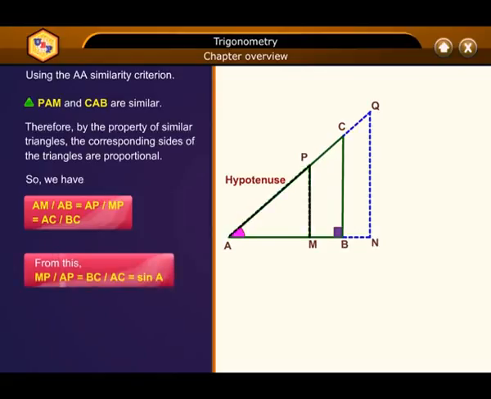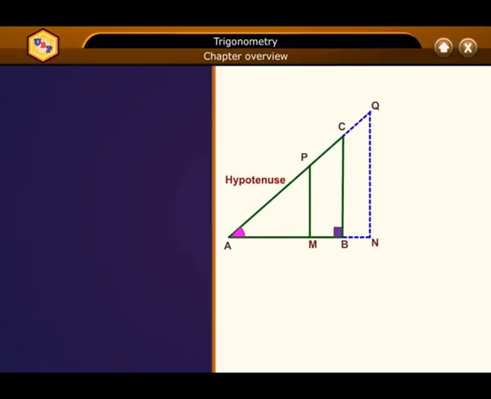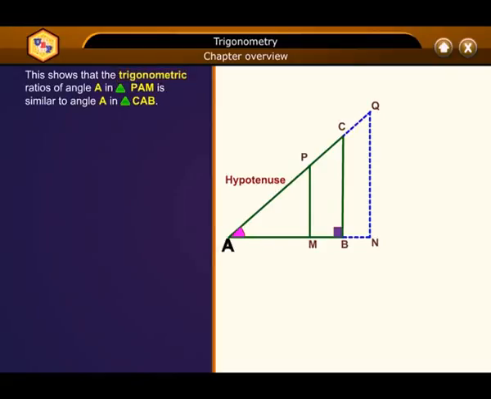From this, MP upon AP is equal to BC upon AC is equal to sine A. Similarly, AM upon AP is equal to AB upon AC is equal to cos A. MP upon AM is equal to BC upon AB is equal to tan A. This shows that the trigonometric ratios of angle A in triangle PAM are the same as those of angle A in triangle CAB.